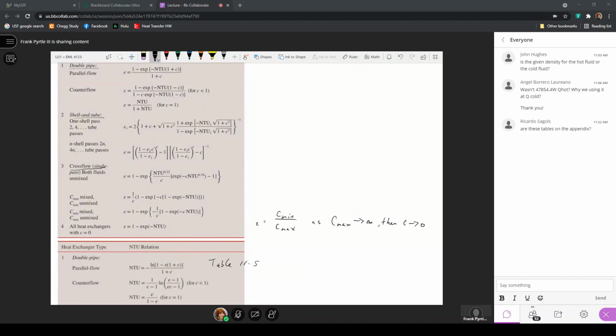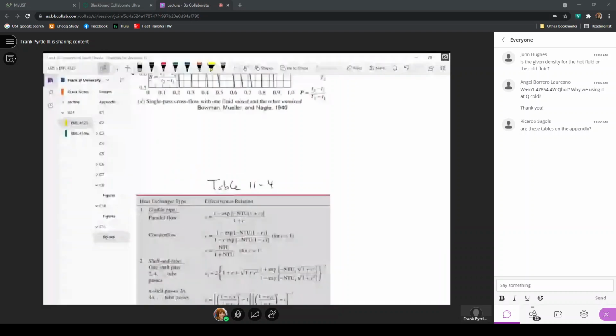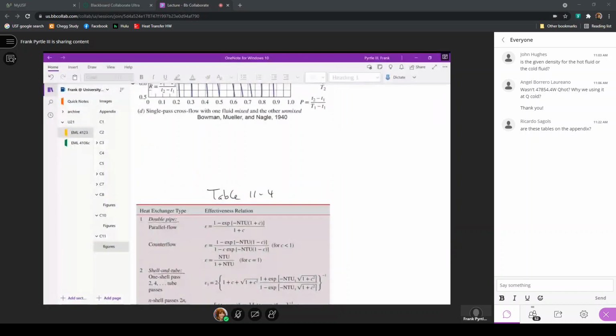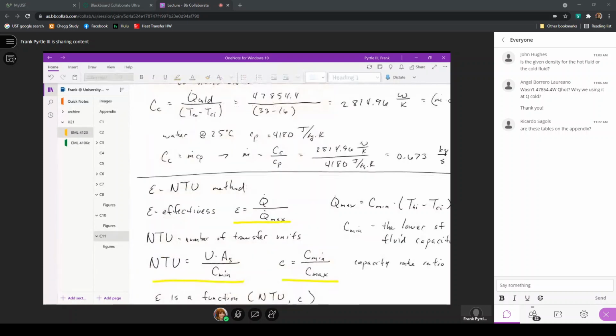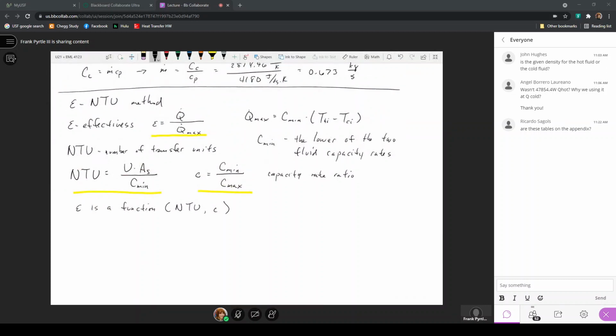So all of these expressions, though, are just used to define the heat transferred between the two fluids. If I have an expression for the effectiveness that I'd select from that table, if I rearrange it, it says that Q dot, the actual heat transfer rate, is the effectiveness times Q dot max, where Q dot max is the minimum capacity rate times T hot in minus T cold in.